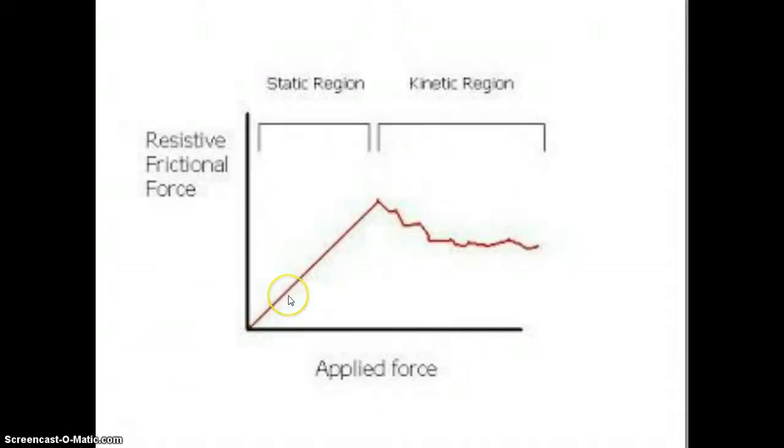So really, in trying to get something moving, we have two different regions that we have to discuss. The static region, in other words, getting the object to move, and then a kinetic region. And to make this even more interesting, the static frictional force usually is larger than the kinetic frictional force.